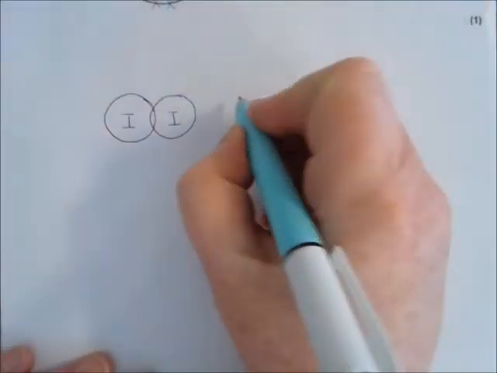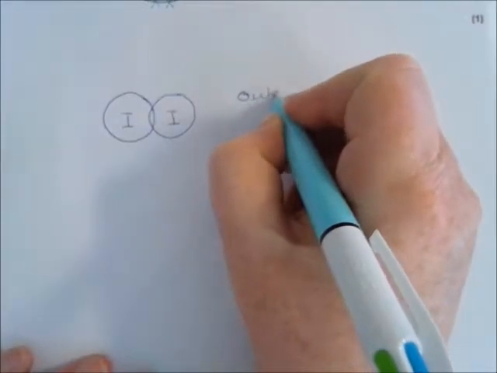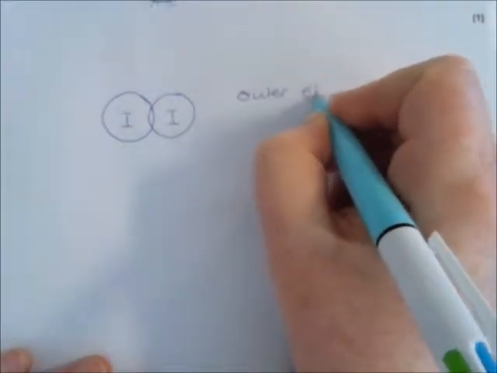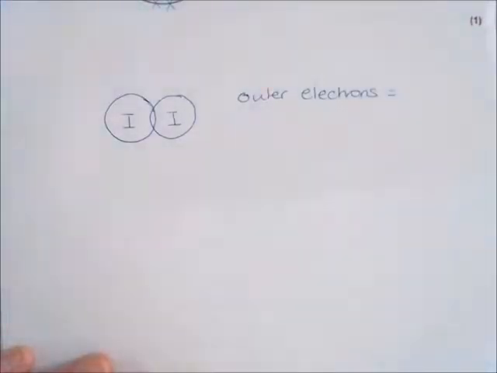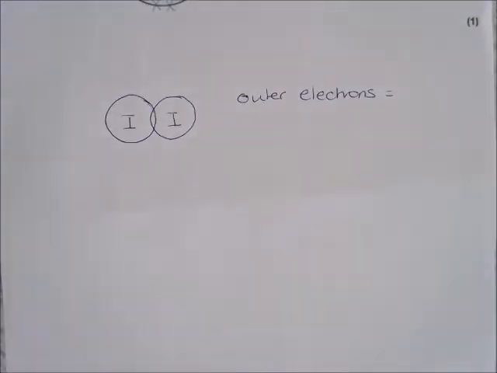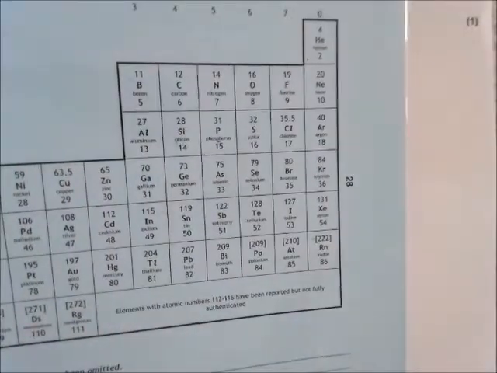So now here's another example. This is iodine. Now, iodine is not in the top part of the periodic table, but there is no need to stress or fret, because we still need to just use the outer electrons. So we look at our periodic table and we find iodine.